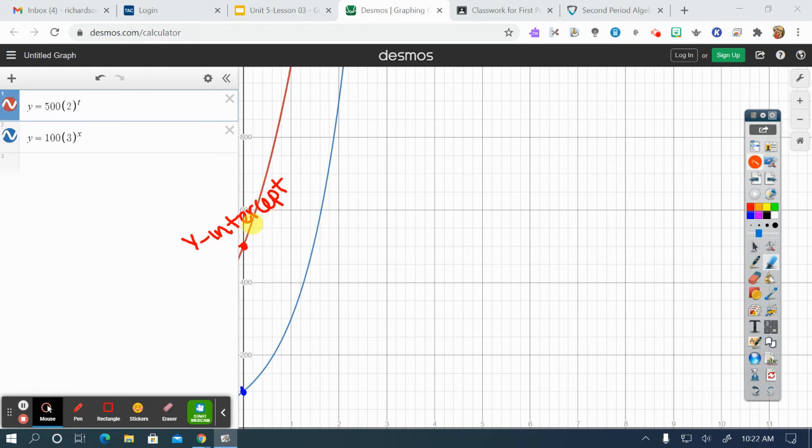So every hour that passes, you can see that the bacteria double on the red line. And then on the blue line, you can see that it is tripling as you increase it. So every time the x value increases by 1, the y value is multiplied by 3. Okay?